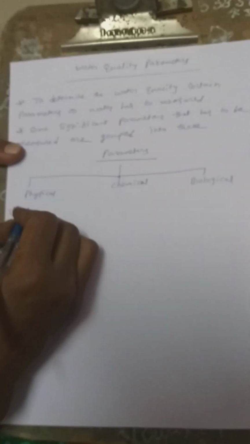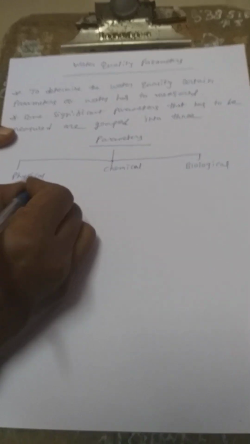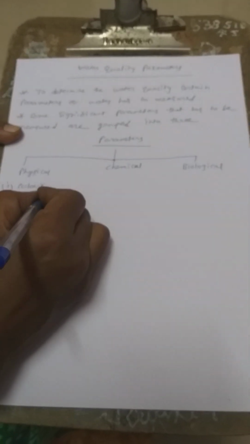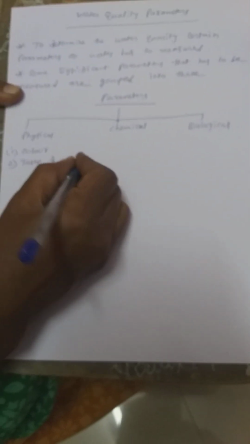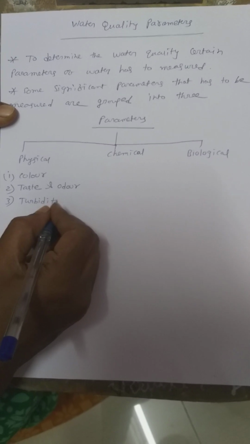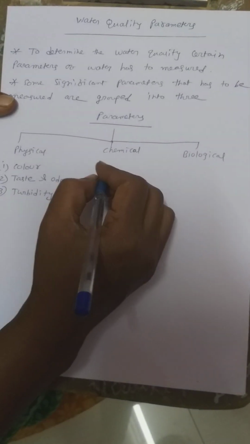Few physical parameters are color, taste, and odor, turbidity, total dissolved solids.